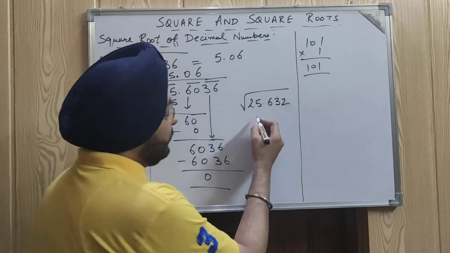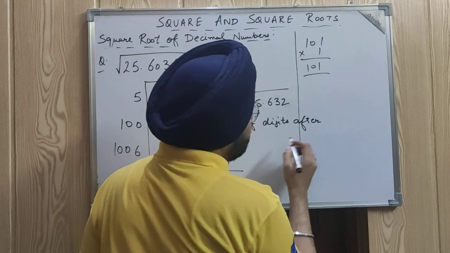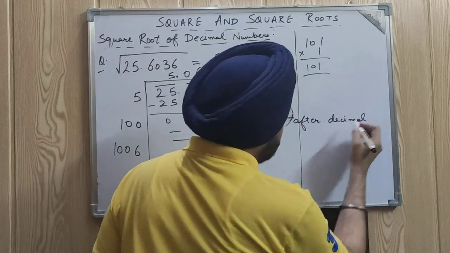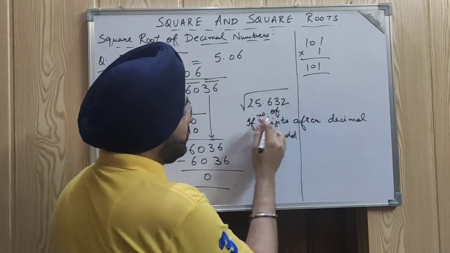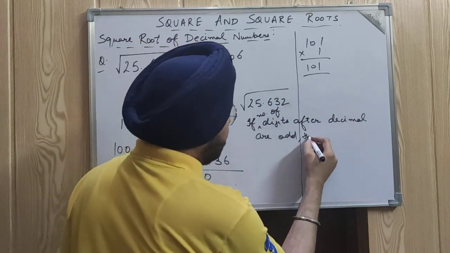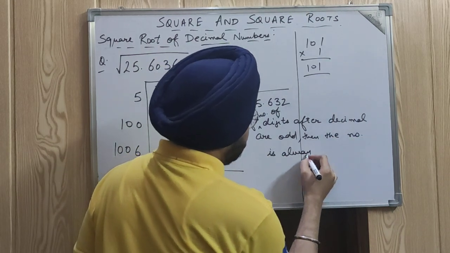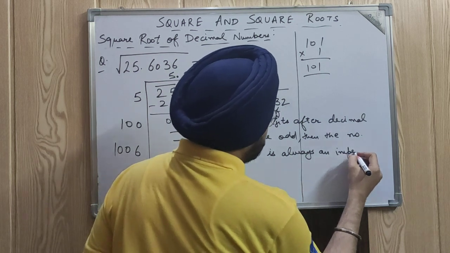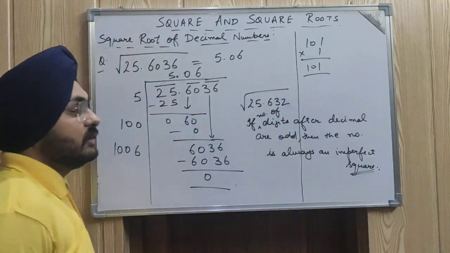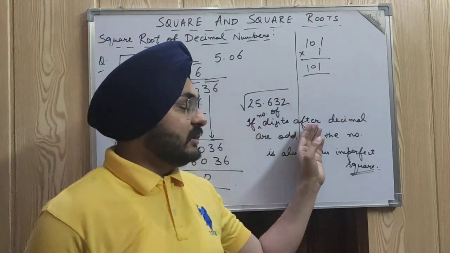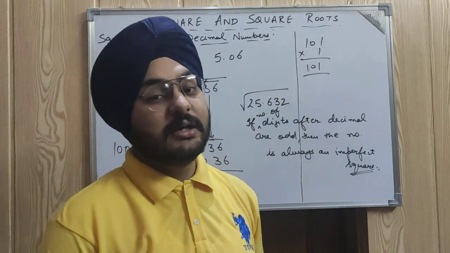Keep in mind, if the number of digits after the decimal are odd, then the number is always an imperfect square. So this thing you have to keep in mind.